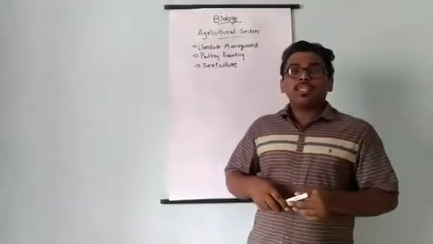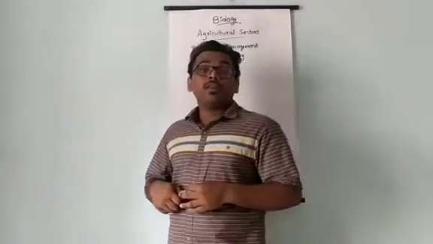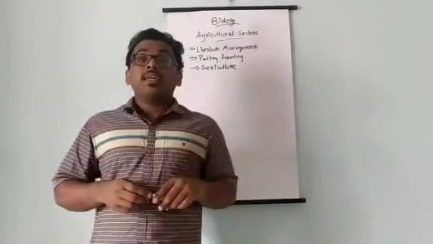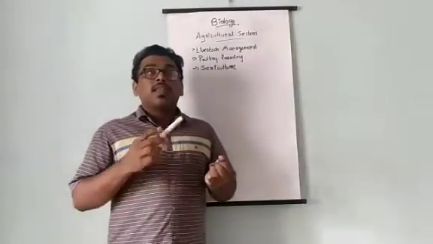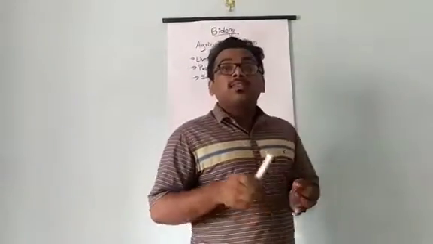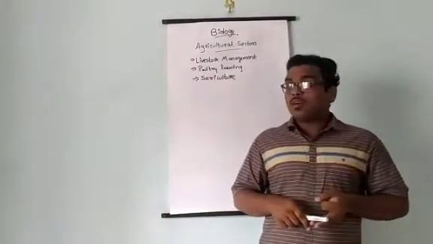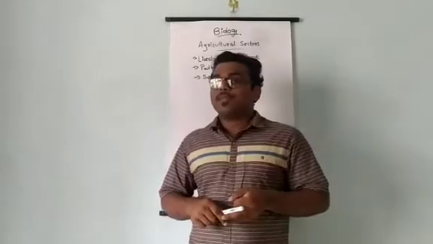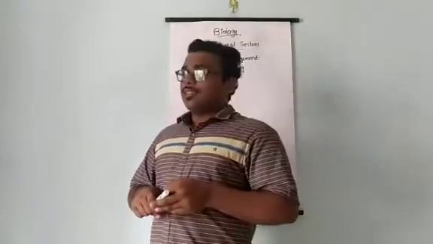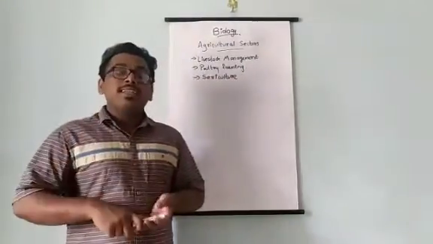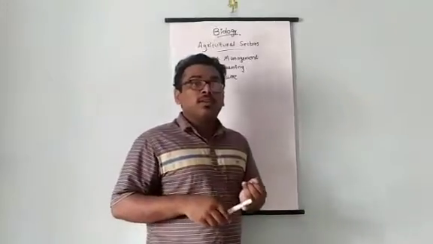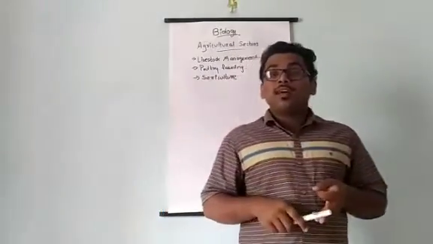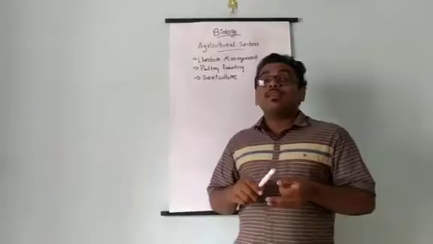So once again, the scientific method of rearing of fish in natural water bodies, paddy fields, and artificial tanks is called pisciculture. The varieties such as pearl spot, rohu, katla are reared for food.